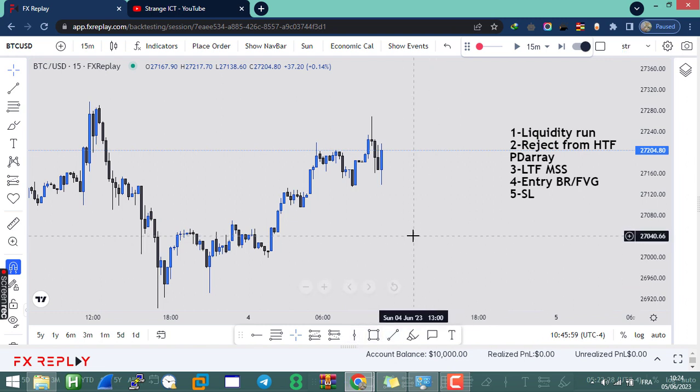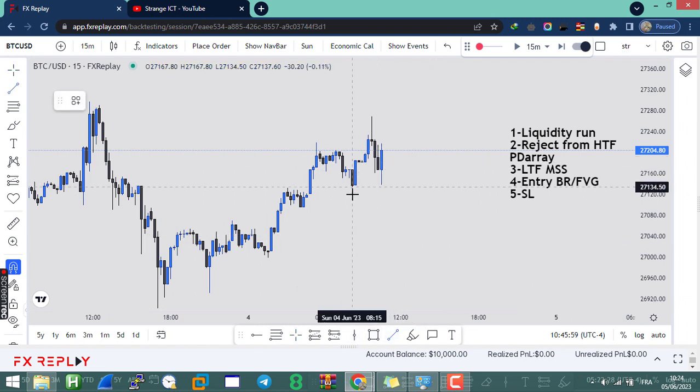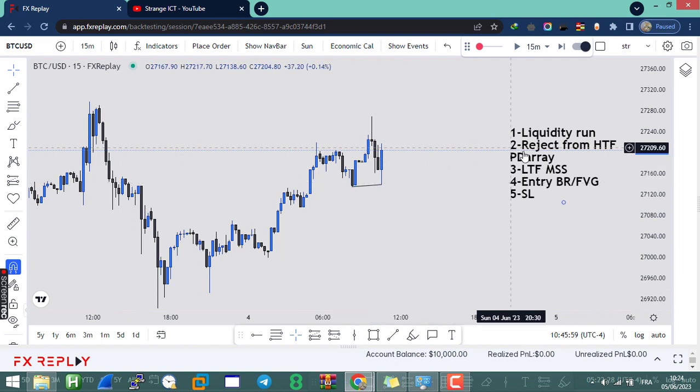What I have noticed is there is liquidity building below this market price. So this is a trend line. Liquidity can be equal highs, equal lows. It can be previous day high, previous day low, previous session high or previous session low, and it can also be a trend line, because retail traders will see it as a support.